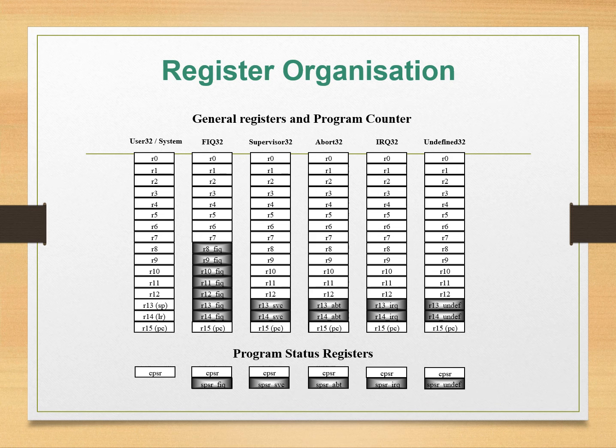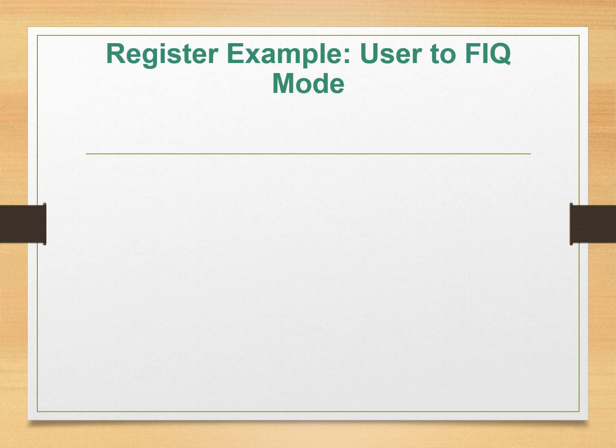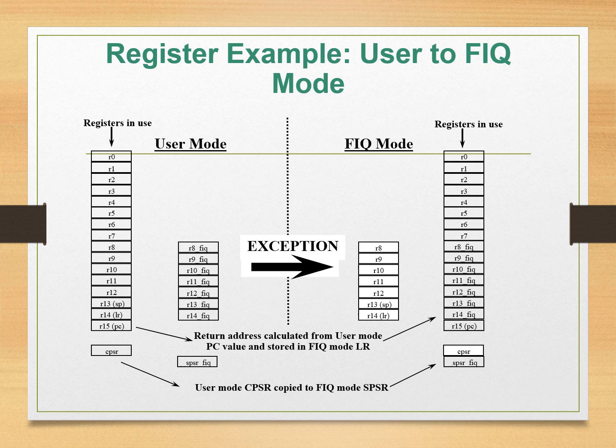Next, okay, we have an example of register usage when we change from user to FIQ mode. Okay, before, we are using the user mode, suddenly there will be an interrupt.